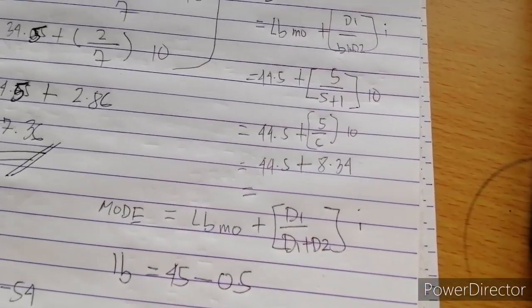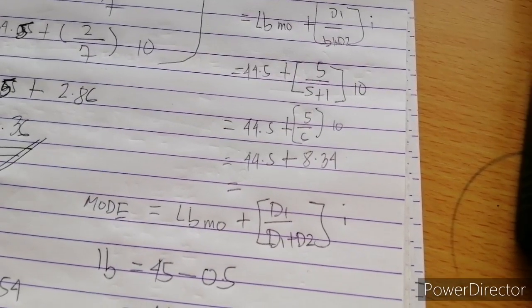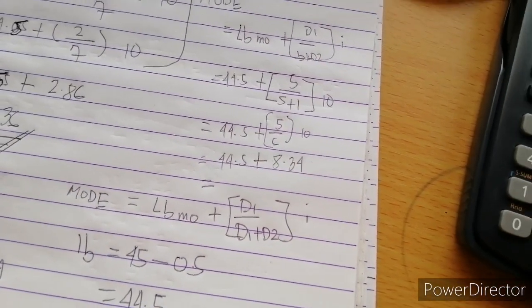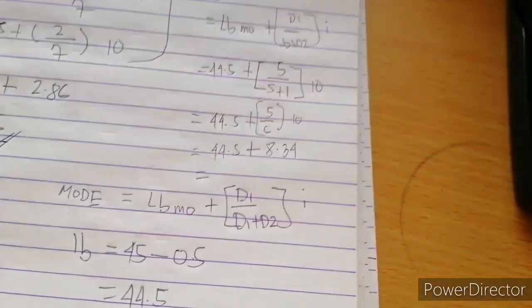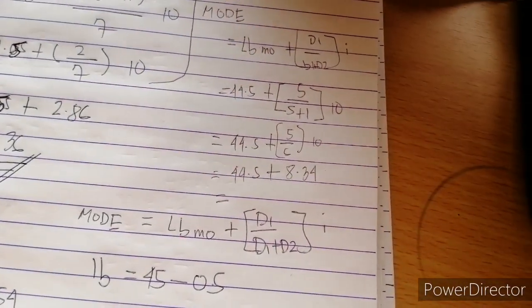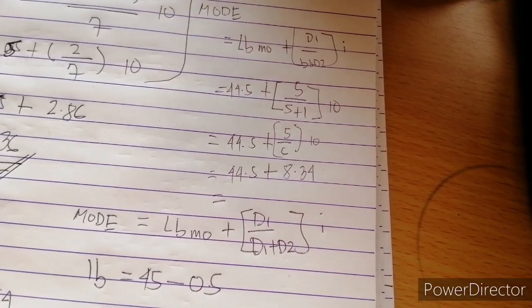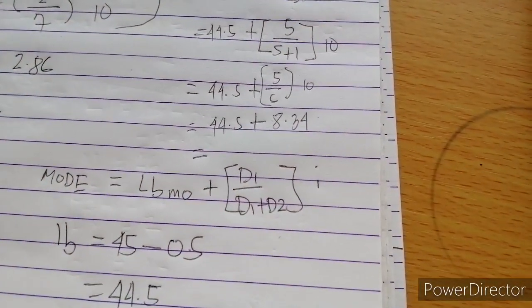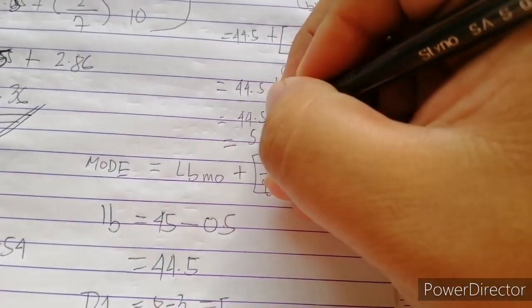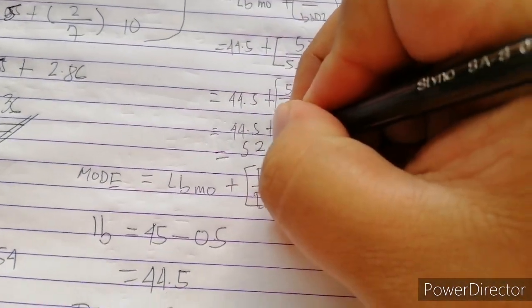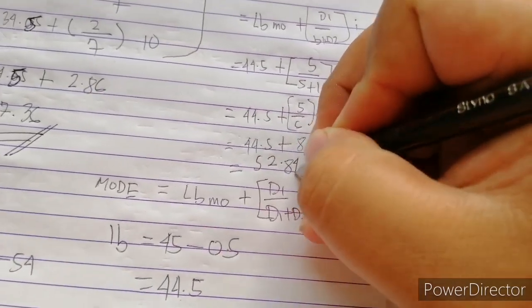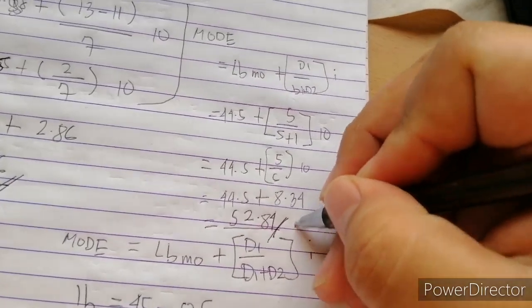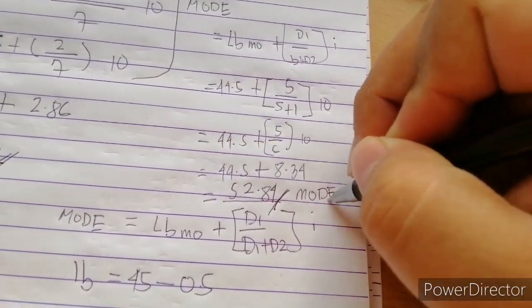So 44.5 plus 8.34 will be 52.84. So this is already our mode.